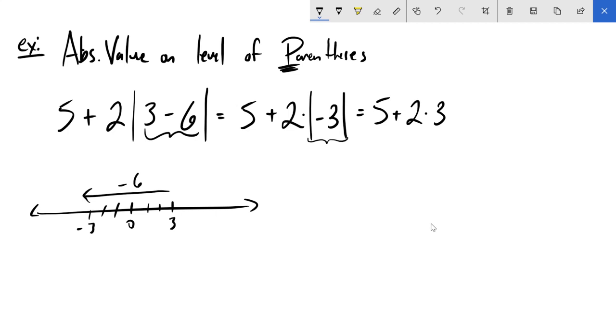Notice it doesn't turn this into addition or anything like that. All it does is say take care of whatever's in there first, and then at the end I'm going to come behind and turn it positive. Then we can just finish it off. So what should come next here? It has to be the multiplication because that comes before addition, and then it looks like the answer would be something like 11. Okay.